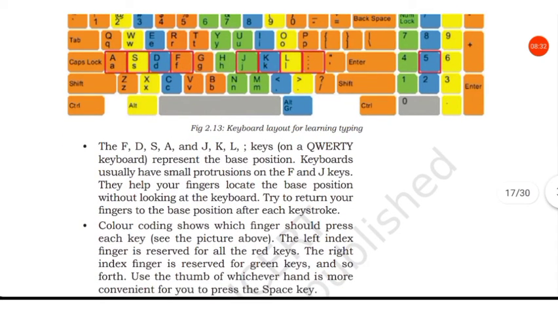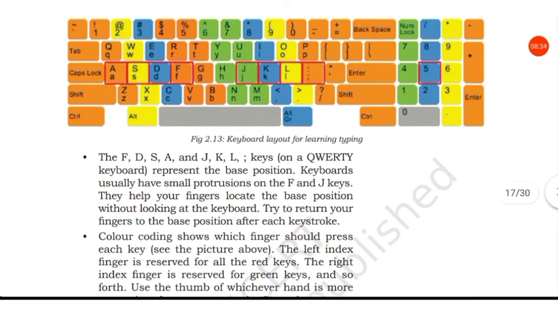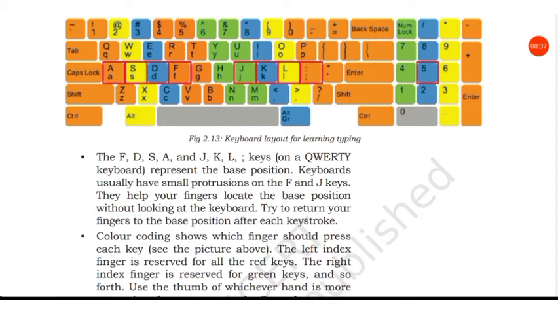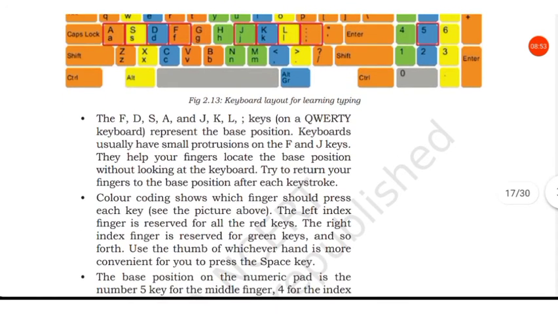For all the red keys, the left index finger is reserved, and for all the green keys, the right index finger is reserved. And we use the thumb, of whichever hand is more convenient, to press the space key. This gray color is for the space key.